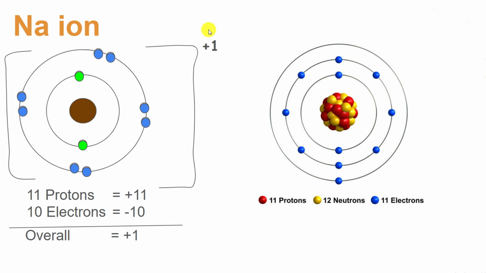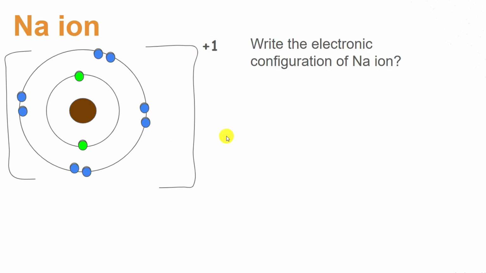In the exam, there might be questions like this. For example, write the electronic configuration of sodium ion. As we already learned how sodium ion forms, I will use that knowledge directly. How many electrons does sodium ion have? It has 10 electrons. So, we use our electronic configuration rule to fill the shells.